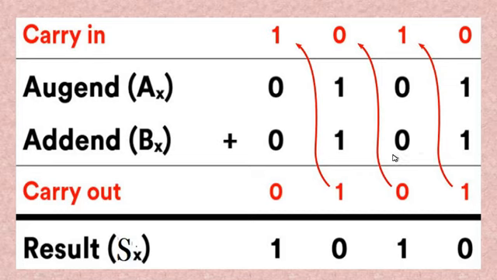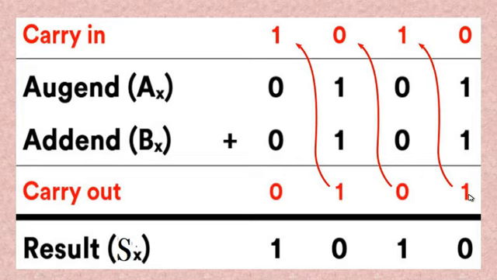Okay. To perform the addition of this, we have to apply the rules for binary addition. Now we know that 1 plus 1. Let us perform this addition of LSB. LSB 1 plus LSB 1, we get 1 plus 1 is 10.